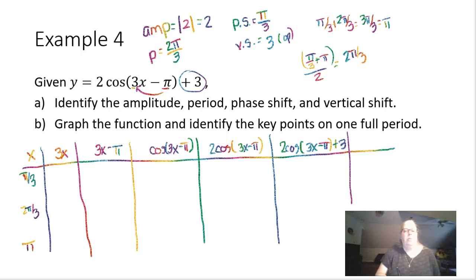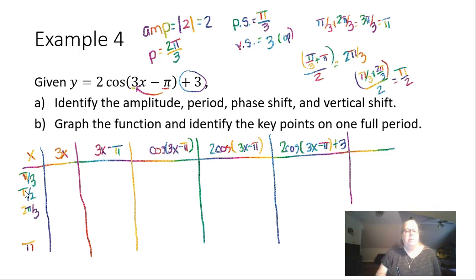Now remember, there's another one right here in between pi over 3 and 2 pi over 3. So let's see if we can figure out what that is. Pi over 3 plus 2 pi over 3, and we're going to divide that by 2. And this is going to give me pi over 2 in my handy dandy calculator, which is going to go right here.